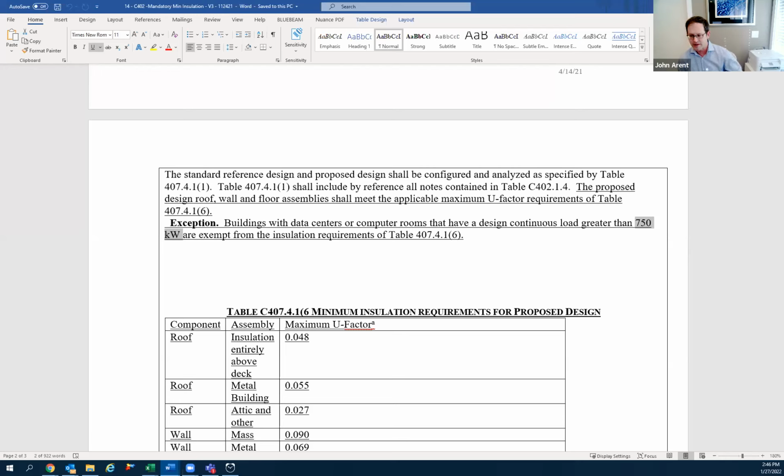So you're not looking at a very large building to meet that, considering a lot of data centers will have 100 watts per square foot or greater. But I'm not too particular about what metrics are used to classify that exception.